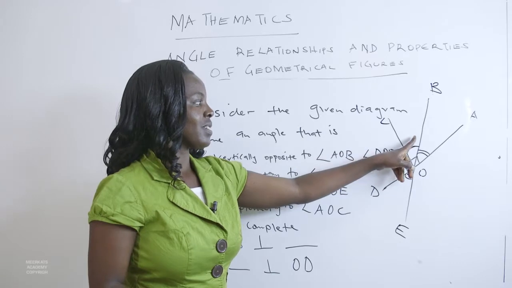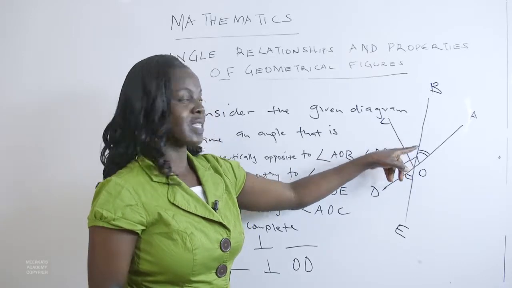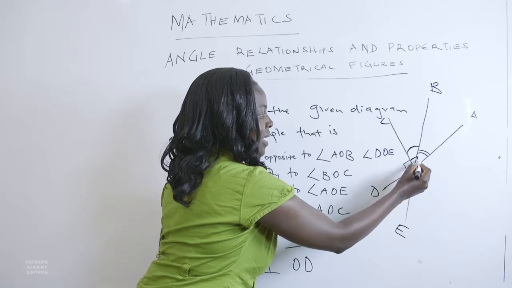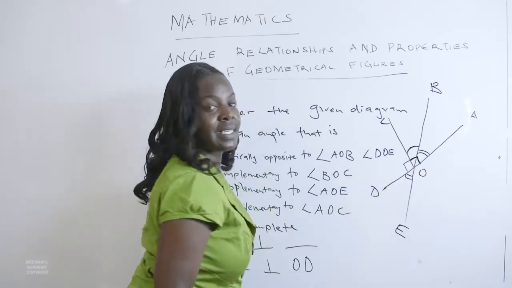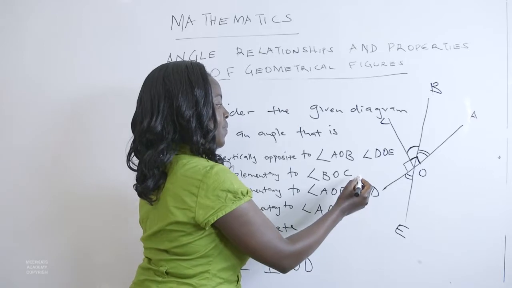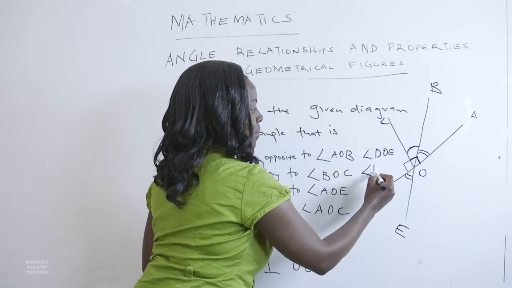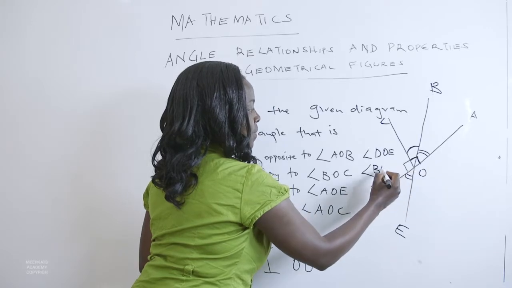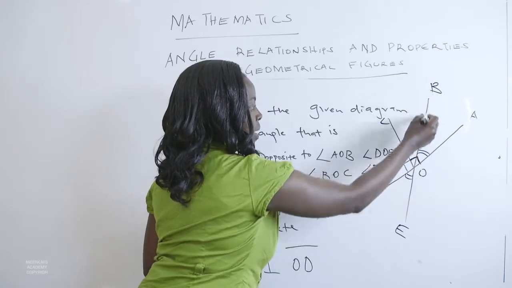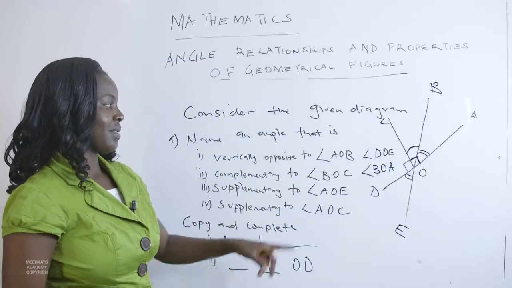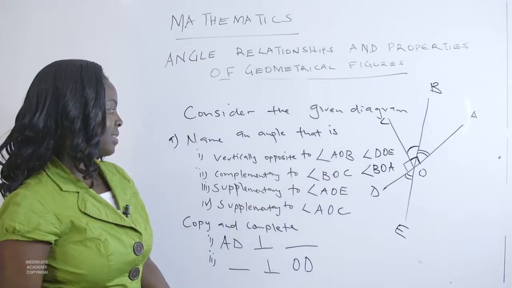So which angle is complementary to angle B or C? We are given that these two angles add up to 90, so it should be this angle, BOA. Angle BOA. Add the two, they add up to 90 degrees.